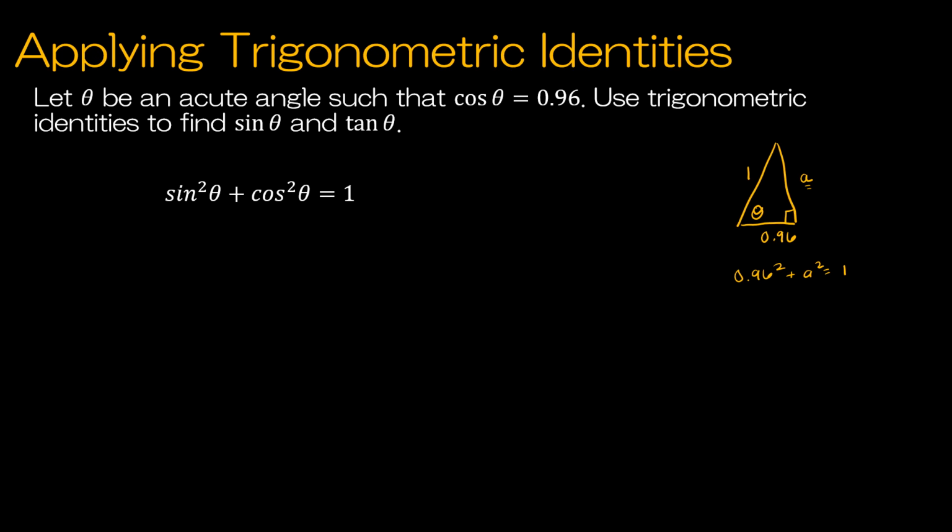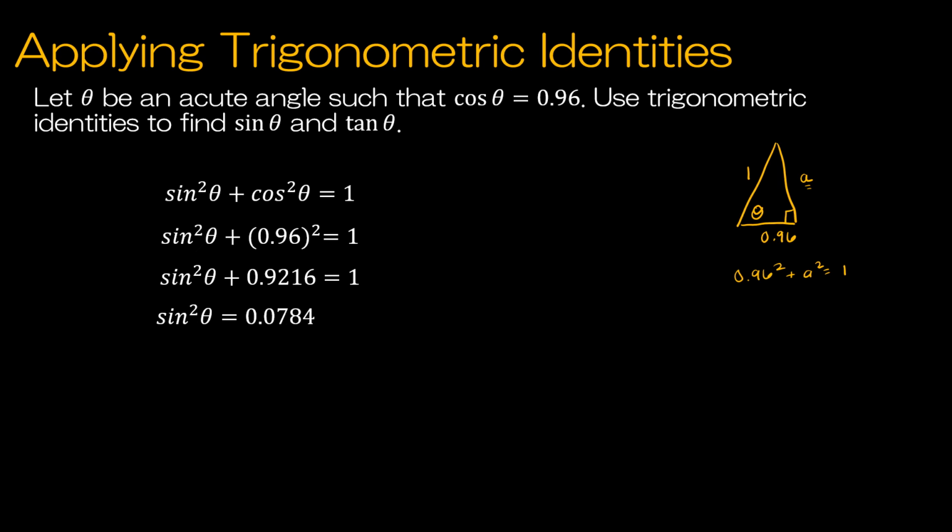So a lot of times people don't see the relationship between the Pythagorean theorem and the first Pythagorean identity, which is sine squared theta plus cosine squared theta is equal to 1. Notice what we're going to do. Cosine squared theta is 0.96. We're going to square it. That's going to give us 0.9216.